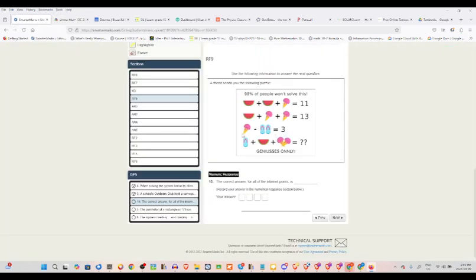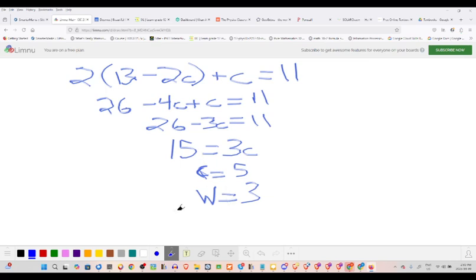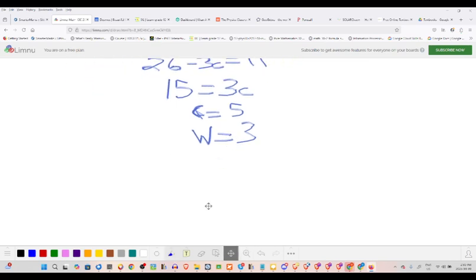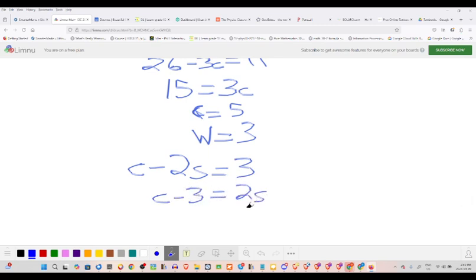Now here, a cone minus 2 sandals is 3. So a cone minus 2 sandals or flip-flops is worth 3. That means a cone minus 3 is worth 2 sandals.